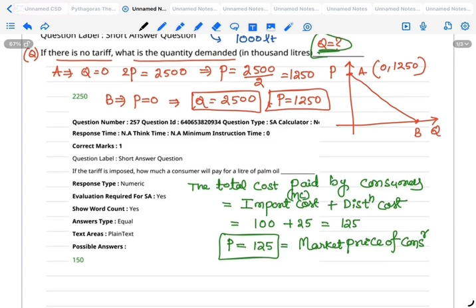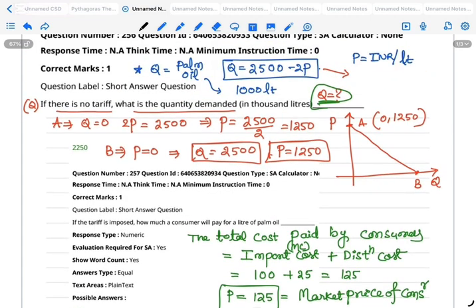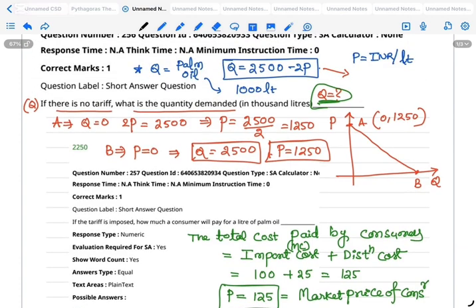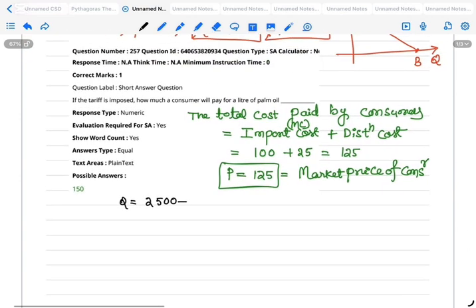Using the demand function, Q equals 2500 minus 2p, equals 2500 minus 2 times 125, equals 2500 minus 250.